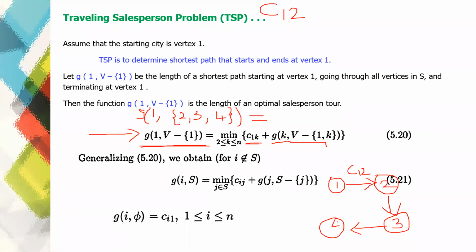Now what is going to happen? I am starting at city number 1 and the remaining cities are 2, 3, 4. I have to select among the remaining nodes which will be the next city I am going to travel to.